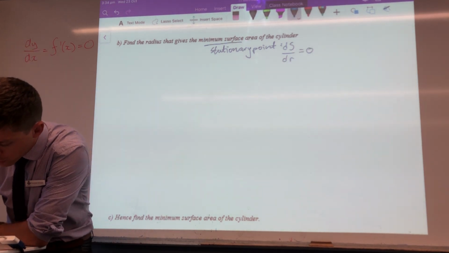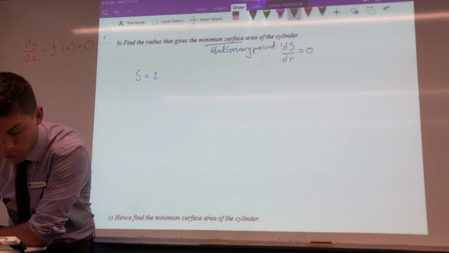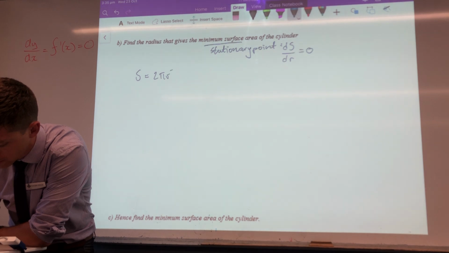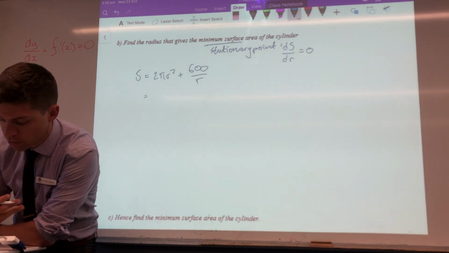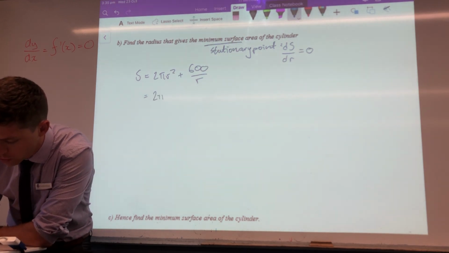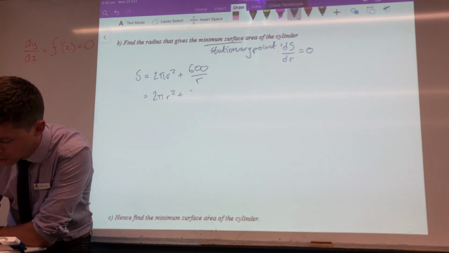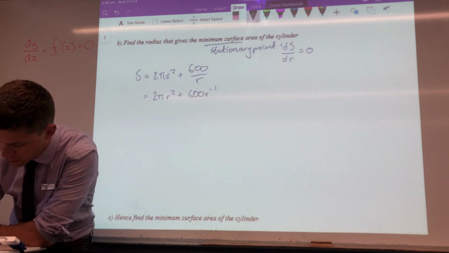So from above, our formula for surface area was given to us as, and we've proven it, 2 pi r squared plus 600 over r. Well, if we're going to find the derivative, let's express this in a slightly different way: 2 pi r squared plus 600 times r to the negative 1. And now let's find the derivative of this function.